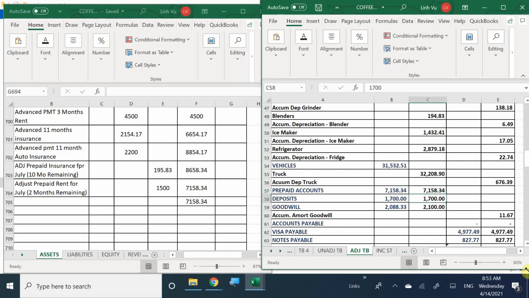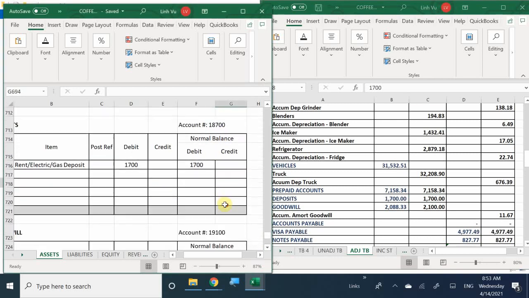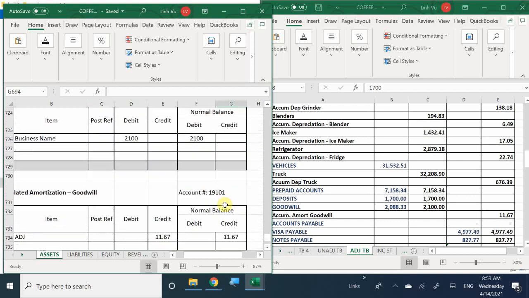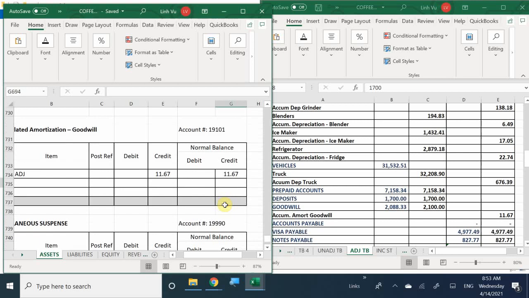Yes, we bought some insurance, but we also had to adjust for our rent and our business insurance. Okay. What about my deposits? No change there. And then what about my goodwill? Right, the amortization for goodwill should have changed.